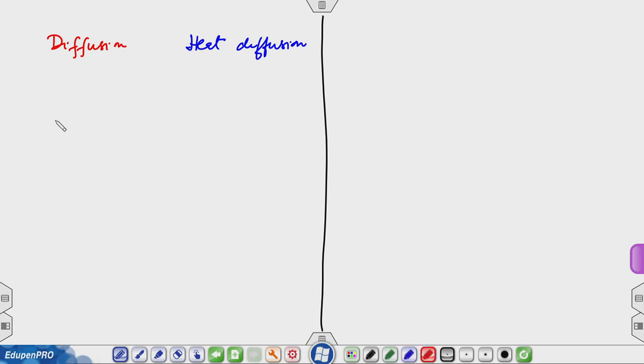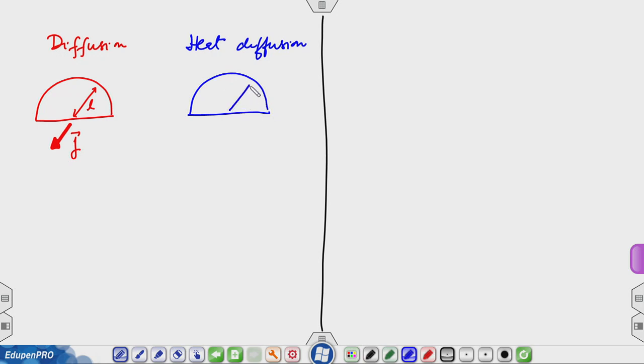So in the diffusion case, I took this hemisphere of radius L and calculated the particle current J.